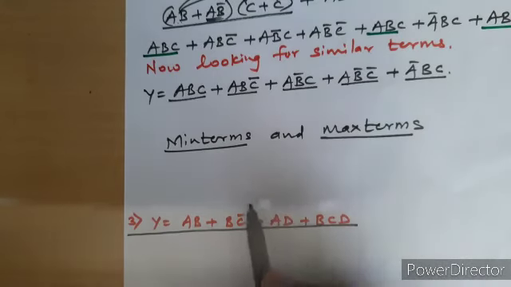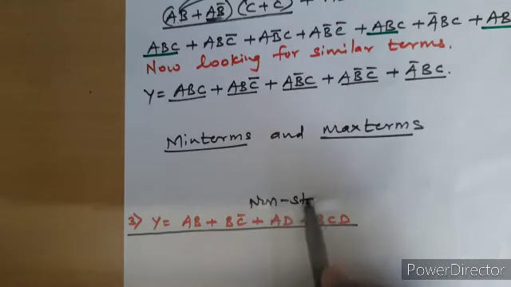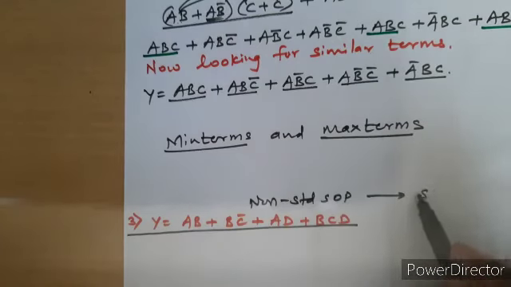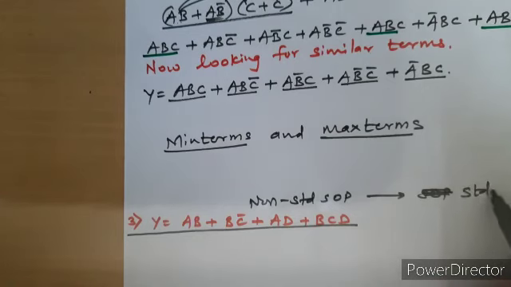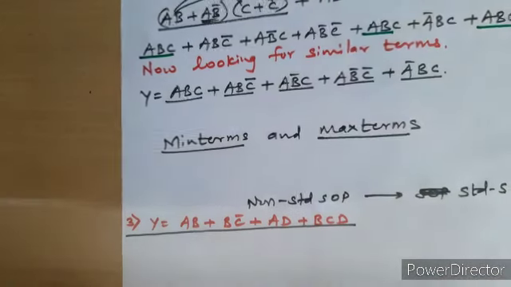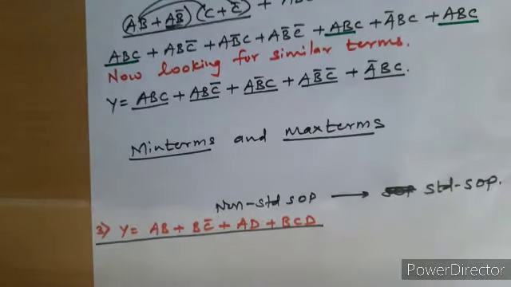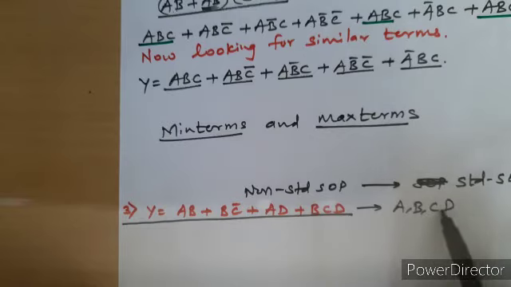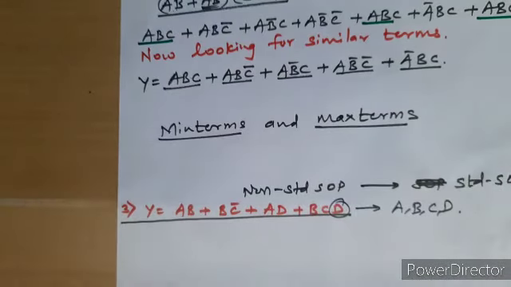So this is non-standard SOP and you are supposed to convert this to standard SOP. If you see this equation, then 4 literals we have A, B, C, D, because we have D here.